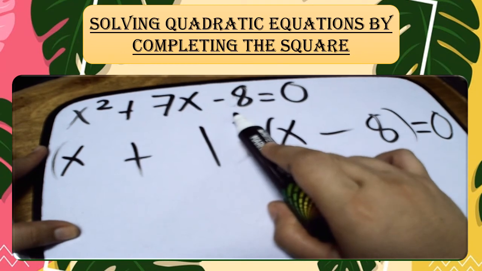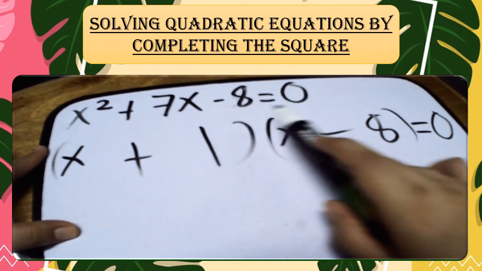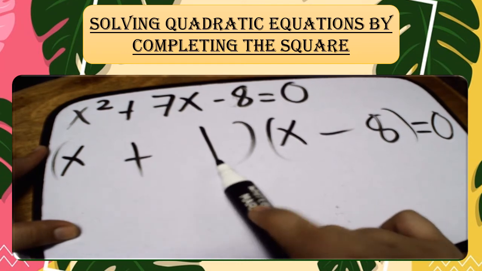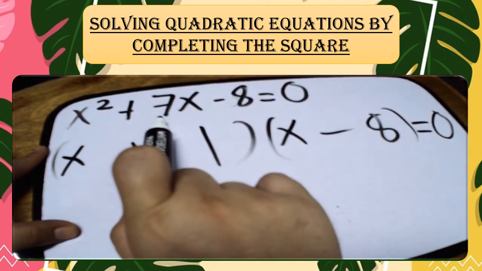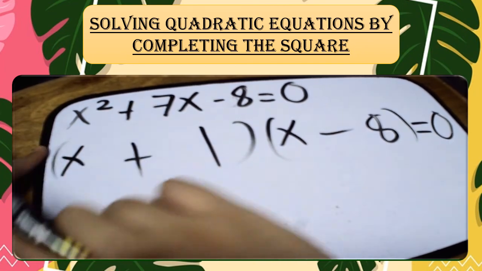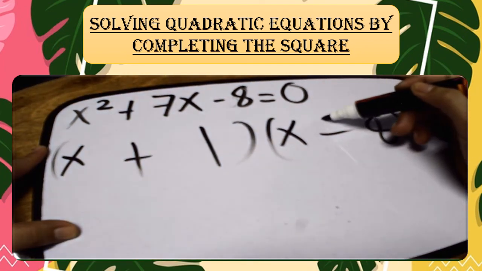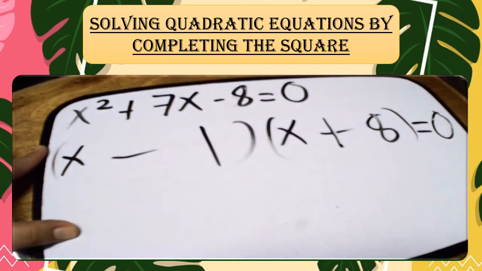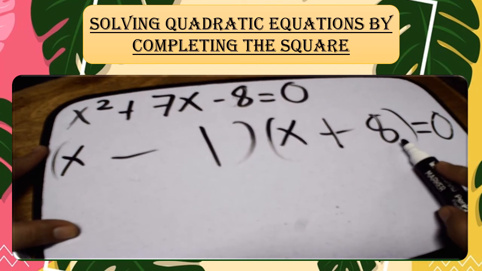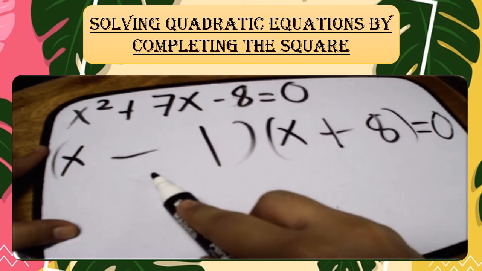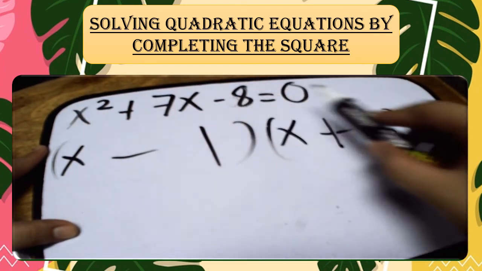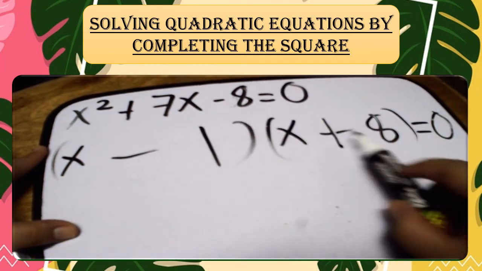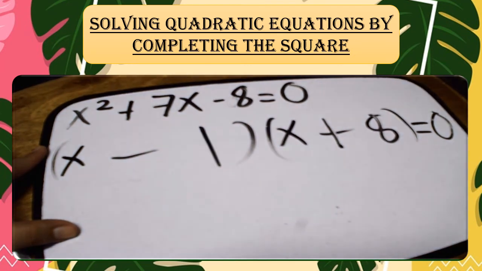But if we add them, negative 8 plus 1, the answer is negative 7. But what we need to find is positive 7. So, change the operation. Let this one be addition and this one subtraction. So, let us check. 8 times negative 1 is negative 8. 8 plus negative 1, the answer is positive 7.